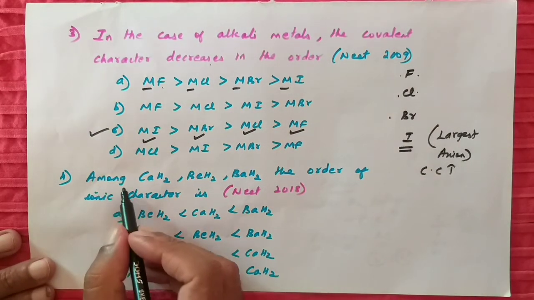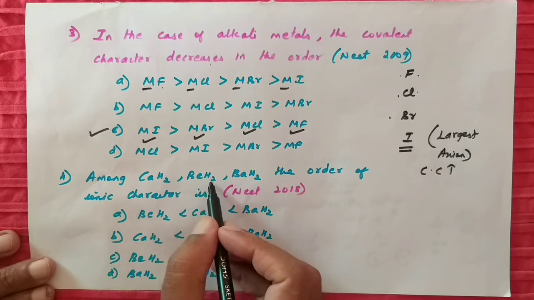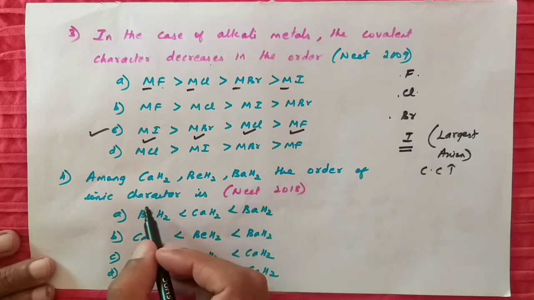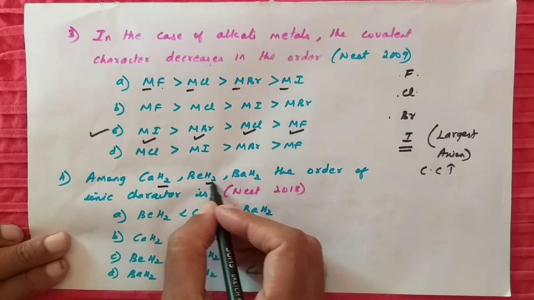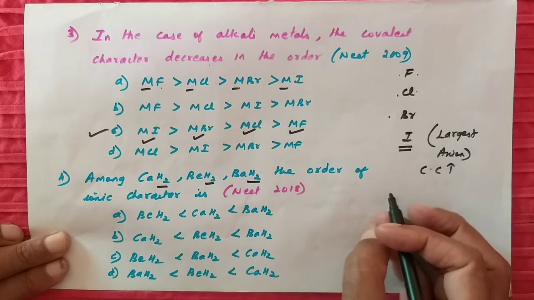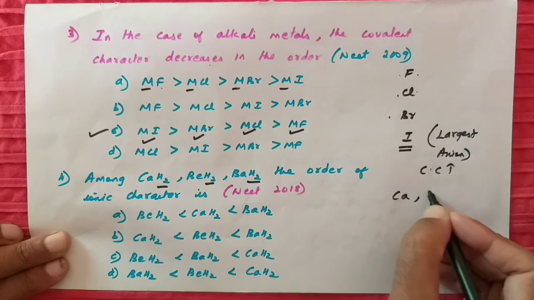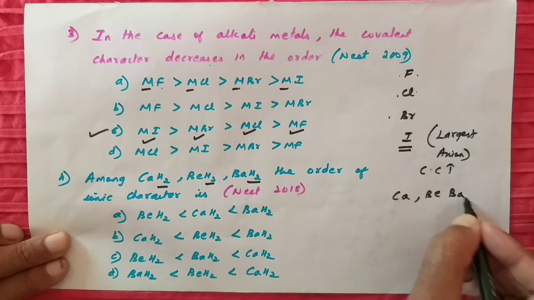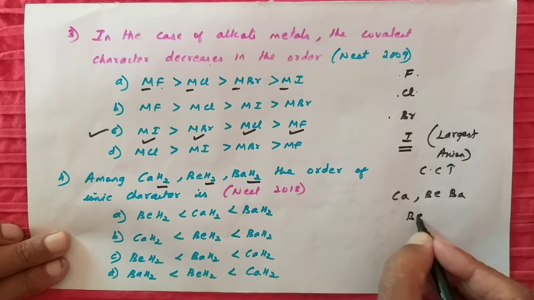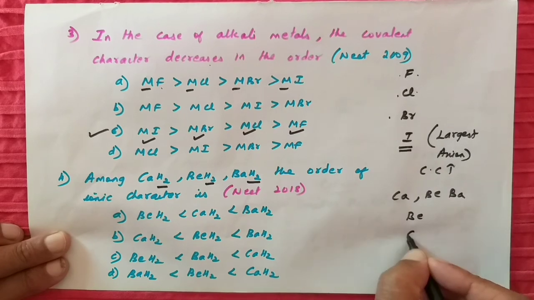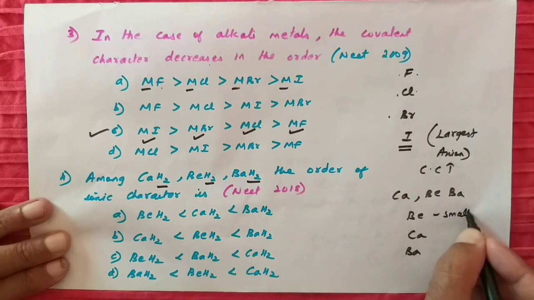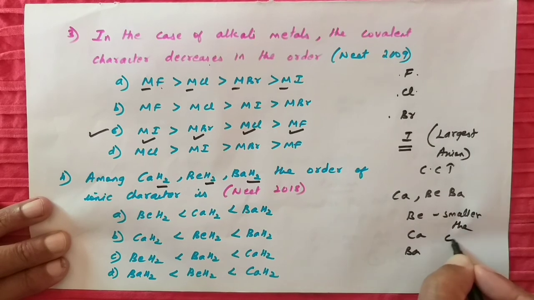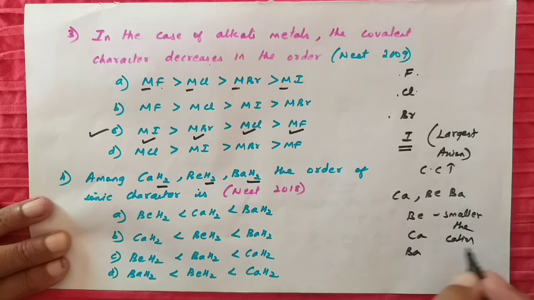Next question: among calcium hydride, beryllium hydride and barium hydride, the order of ionic character. The anion part, H, is the same, so leave it. Take the cation part: calcium, beryllium and barium. Beryllium will be the smallest atom, followed by calcium and barium. The smaller the cation, the greater will be the covalent character.